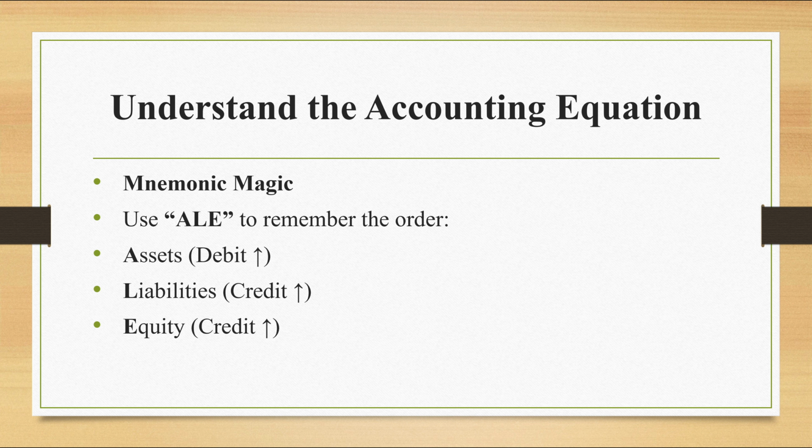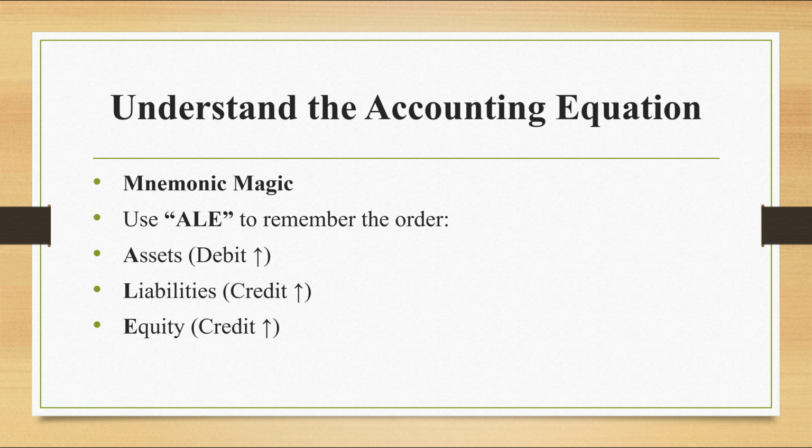Then you can also take another example, such as earning revenue on credit. Assets are going to go up in the form of accounts receivable, and on the other side, equity will go up in the form of revenue. Another example is paying salaries.